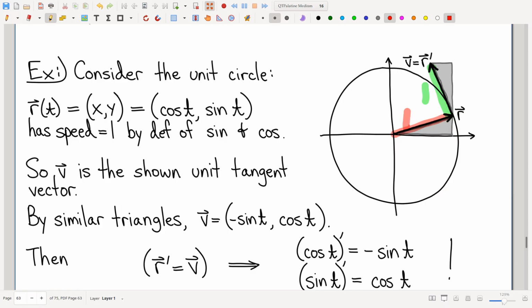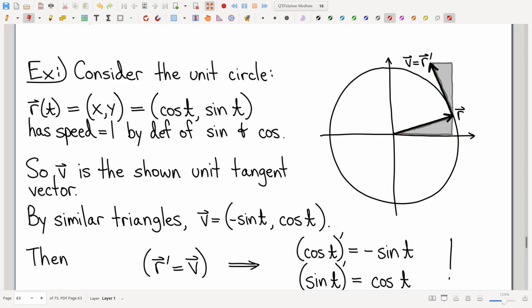These are therefore similar triangles. A little flashback to high school geometry. These two gray triangles are similar triangles. In fact, they are congruent. Thank you. These are congruent triangles. And that means that their lengths correspondingly are all the same.